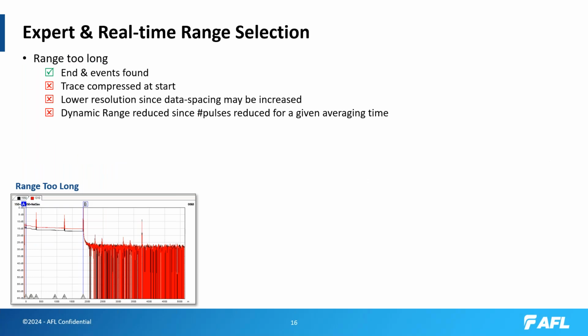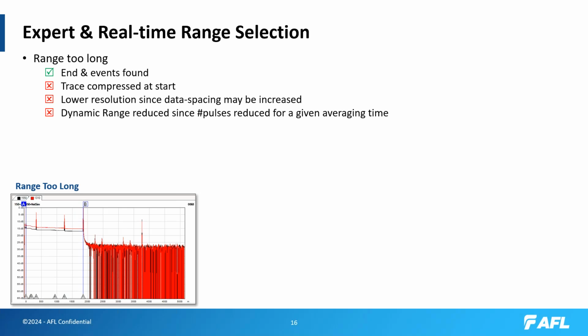In expert and real-time mode, you have control over range, pulse width, and averaging time, as well as the wavelength. So how do you know what an appropriate range selection is? So if the range is too long, the end and events will be found, but your trace will be compressed at the start.